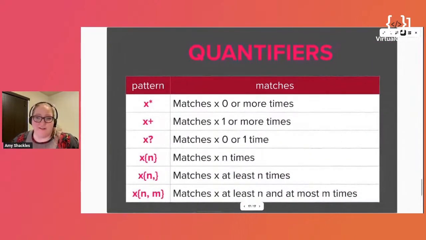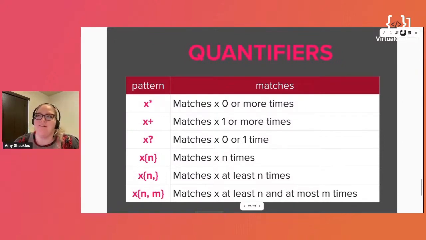We also have quantifiers. Quantifiers are the number of times you want to match something. So you have a pattern, and the pattern is followed by an asterisk. That means you want to match that character 0 or more times. The quantifiers only apply to the character or sub-expression that you're dealing with.